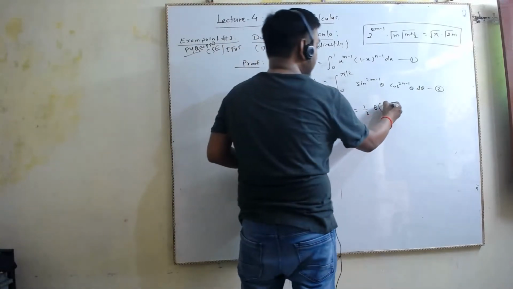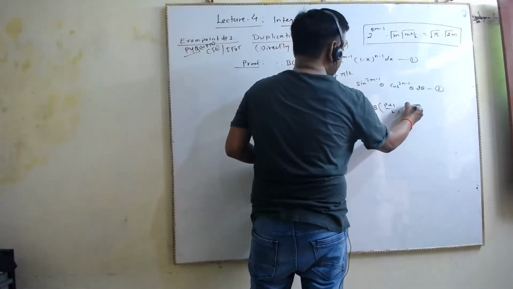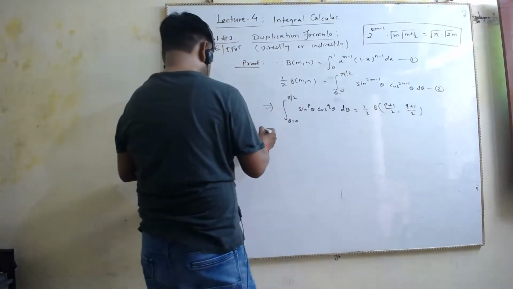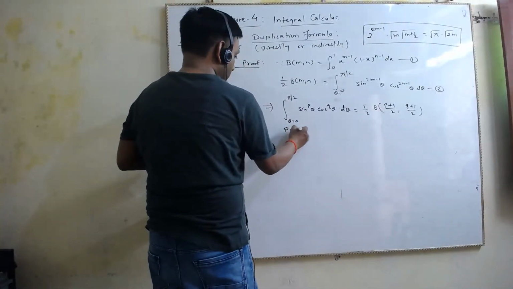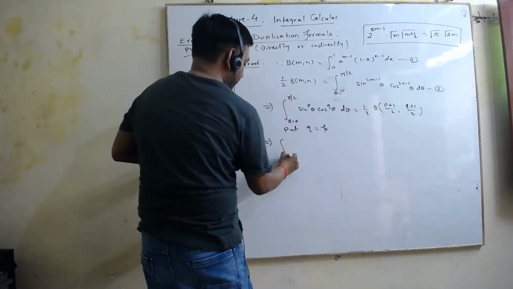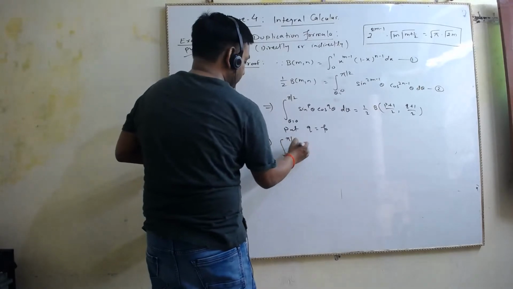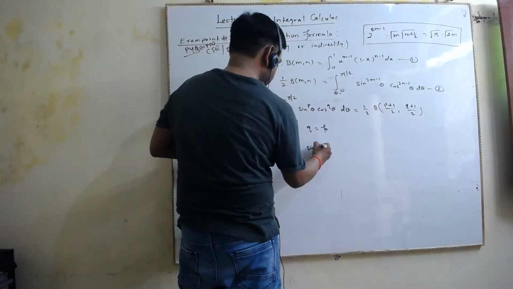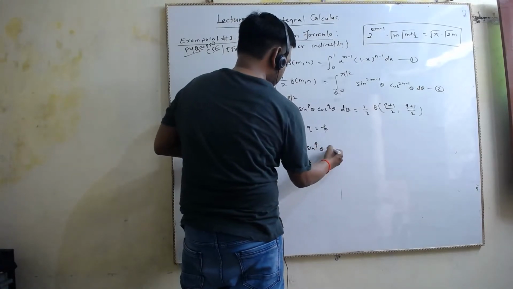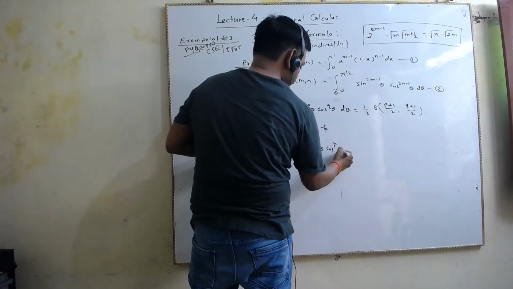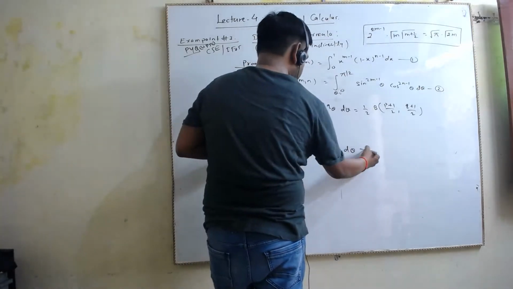अब क्या हो जाता है? p plus half and q plus half, right? चलिए, अभी what we do? Put q equals to p. So we will have theta equals 0 to pi by 2 sin का पावर p थीटा cos का पावर p theta d theta, right?